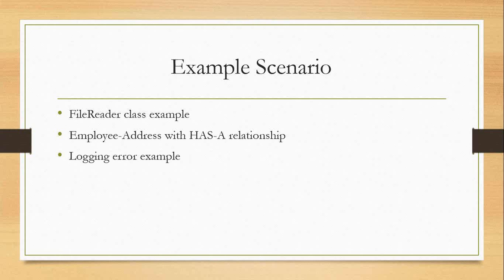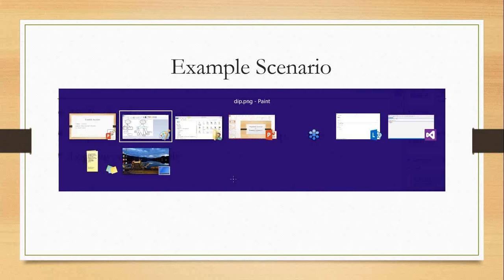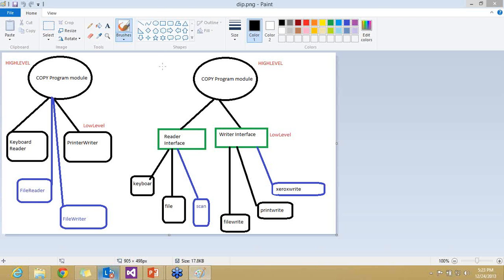I'll try to give you another example with an employee and an address combination where I have an employee class and I have an address class, and there is a relationship that exists between these two classes, which is a composition relationship. So let me just switch back to another diagram.